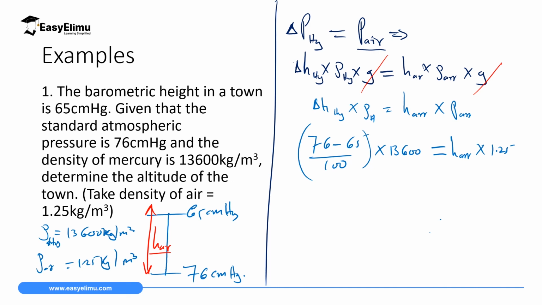Now, for us to remain with height of air, which is the same as height of the mountain, we will divide by 1.25.